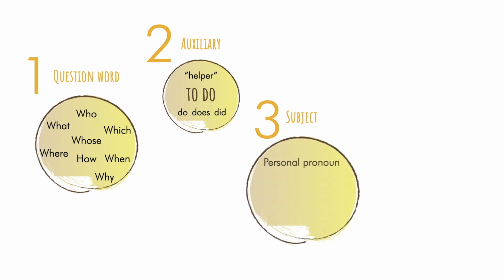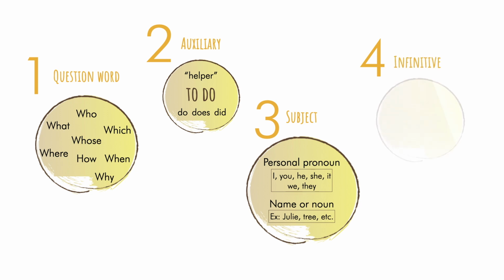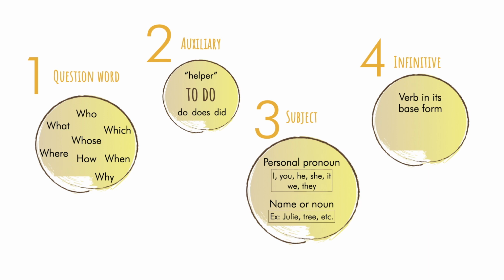The subject can be a personal pronoun like I, you, we, they, or a name or a noun like Julie, tree, car. Number 4 is the infinitive. The infinitive is the form of the verb that is the base form. For example, work, speak, sing.